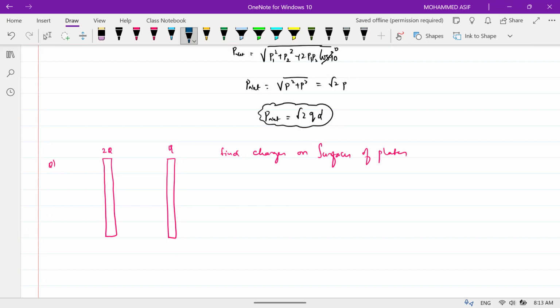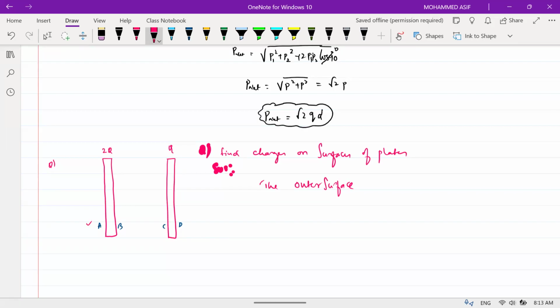What are the surfaces of your plates here, beta? Like this is surface A, surface B, C, and D. Okay. But for this one, you remember one shortcut, beta. Whenever we are having such type of situation, the outer surfaces of the extreme outer plates will always have equal charges.